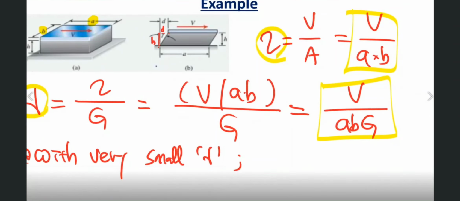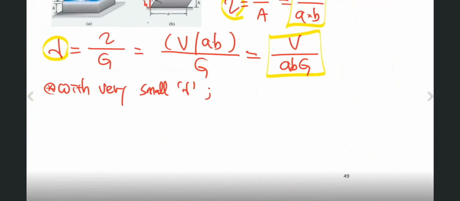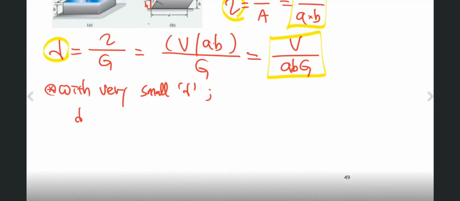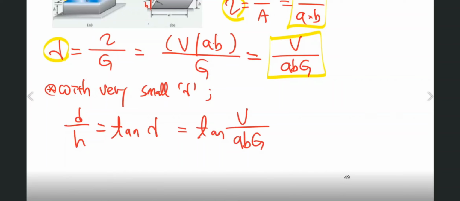Using this specific geometric condition, we can define D over H equal to tangent gamma. And gamma we just defined as V over ABG. So in this case, we can define that D is equal to H tangent of V over ABG.